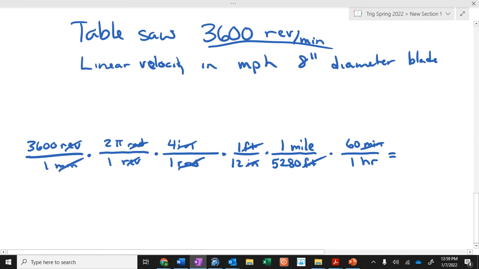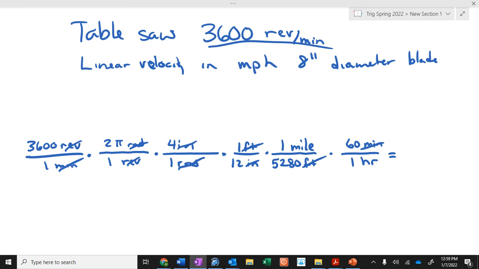So somebody with a calculator, take 3,600 times 2 times pi times 4 times 60 divided by 12, hit equals. Divided by 5,280, hit equals.